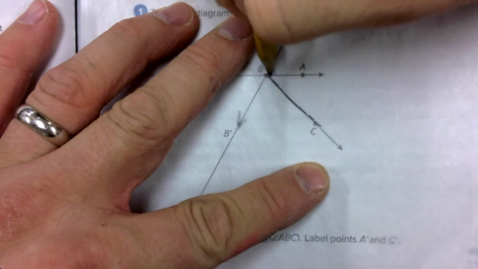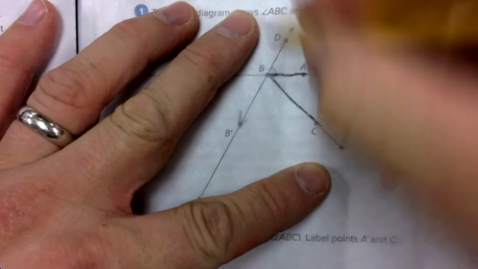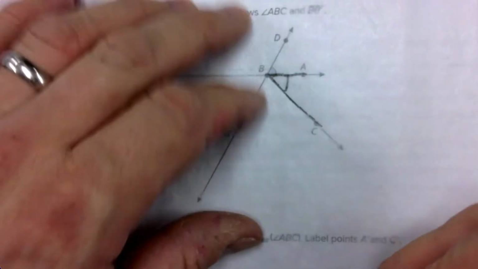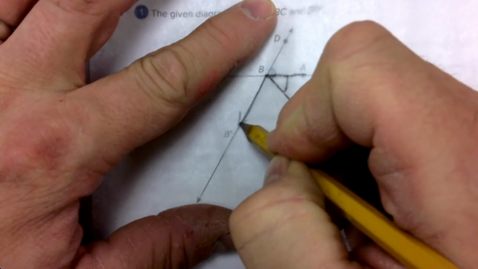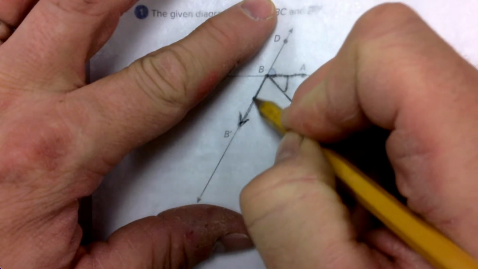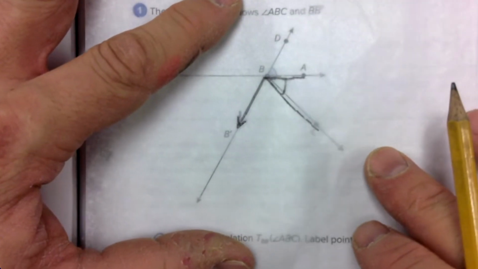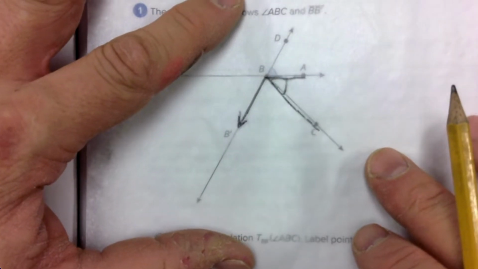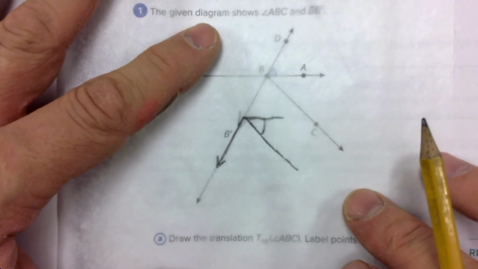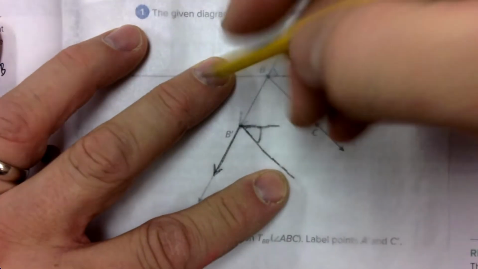Something that I notice is that the angle that I want to translate has to go in this direction. So I'm going to draw my ray showing the direction that it's going to go. And so I always know I'm going to keep my ray on top of itself and the angle, so I'm going to slide along this line. And here we go. I've translated the angle.